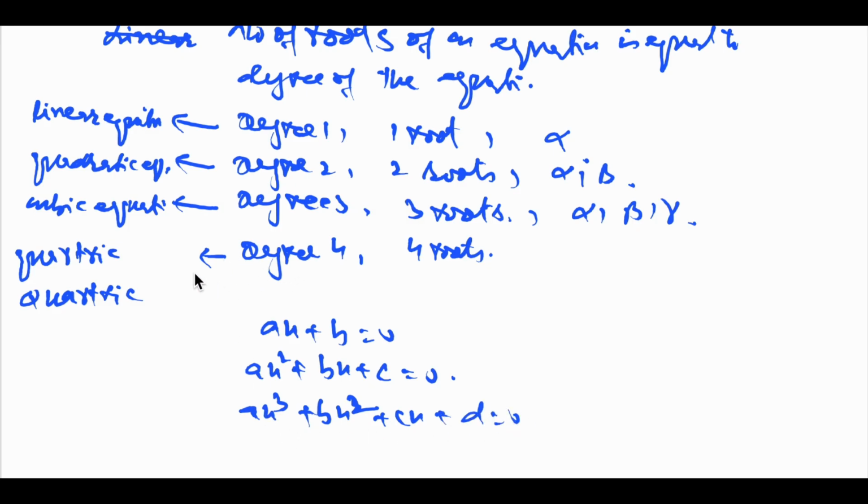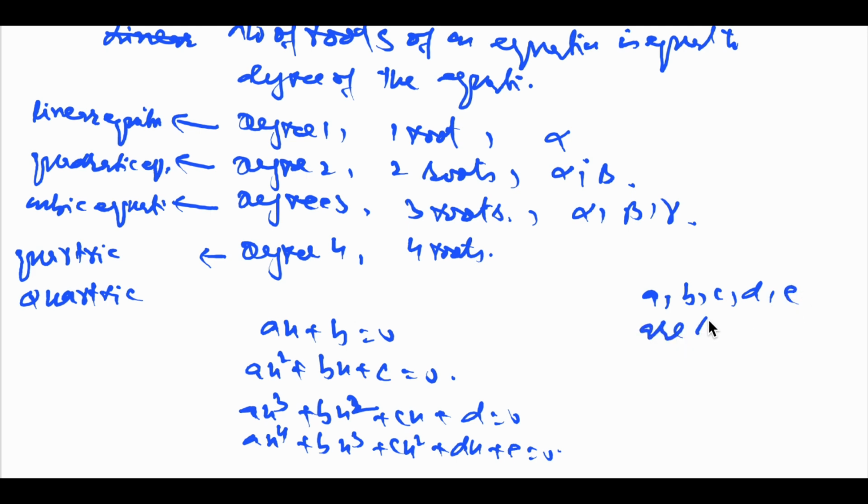And the 4th degree, quartic equation, the general form is ax power 4 plus bx cubed plus cx square plus dx plus e is equal to 0, where all these coefficients a, b, c, d, e are real numbers. They can be positive or negative, but they are real numbers.